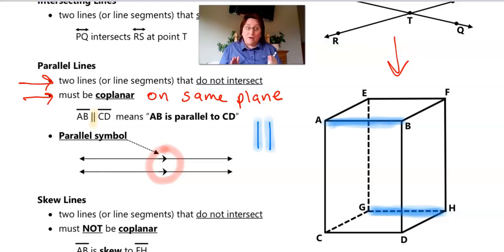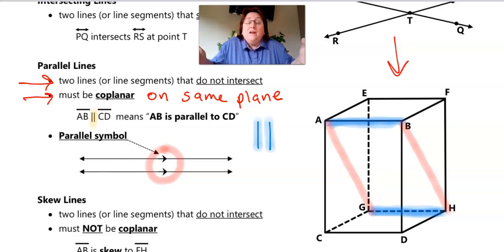Yes, they are parallel, because I want you to imagine an invisible plane that goes diagonal through that box. I just drew in a flat surface. So yes, line segments AB and GH are also parallel because I can draw in that imaginary plane. So there are parallel lines.